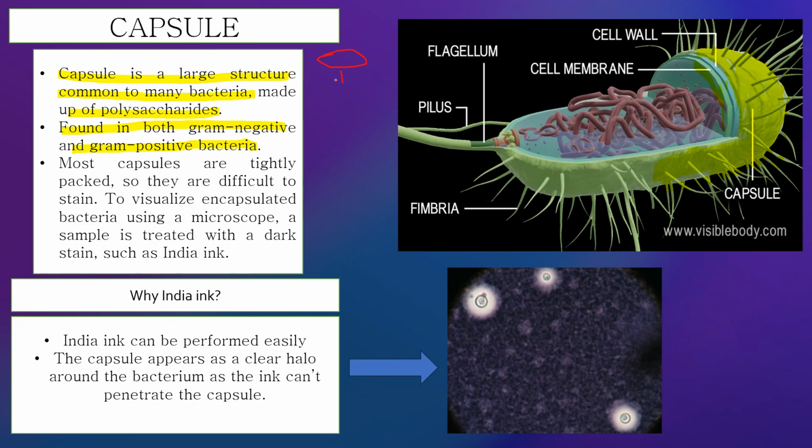Then we applied crystal violet. Then we applied iodine, that is orange in color. Then we applied ethanol, for decolorization.